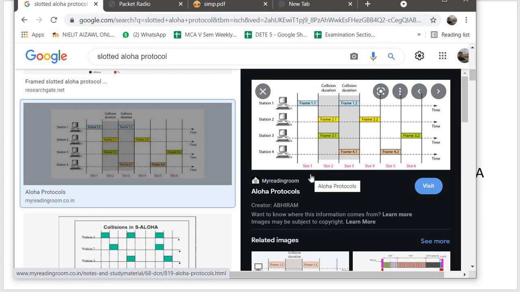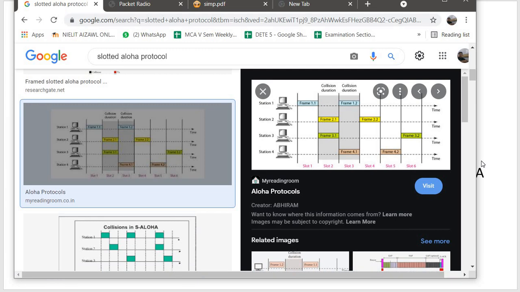Then all those boxes, based on the time slot, indicate the frames. If we have two boxes in a single slot, then it is called a collision frame.